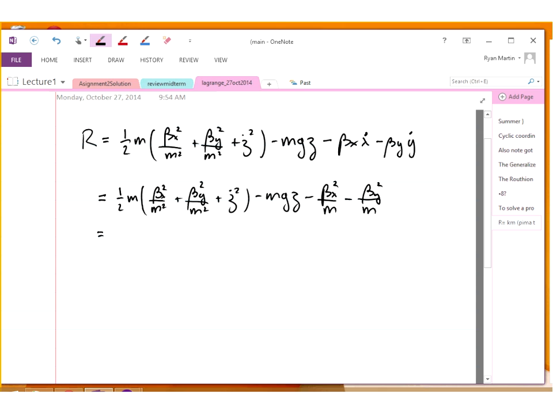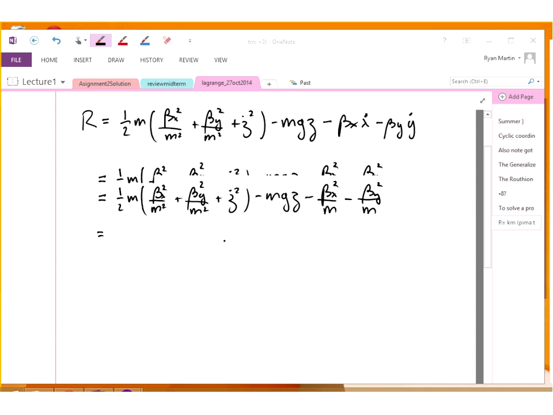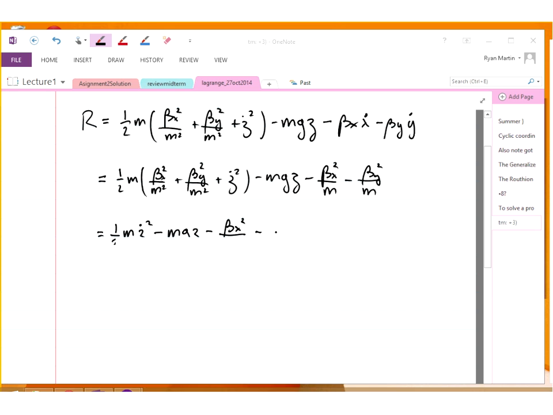So collecting all the terms together, I have a half m z dot squared minus mgz. Then I have minus beta x squared over 2m and minus beta y squared over 2m.